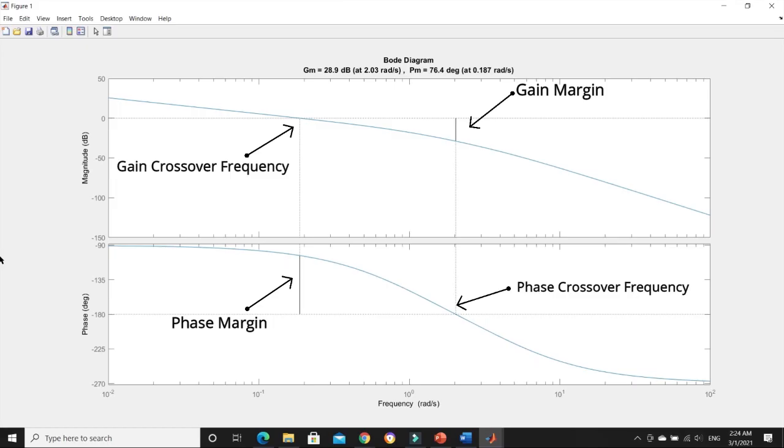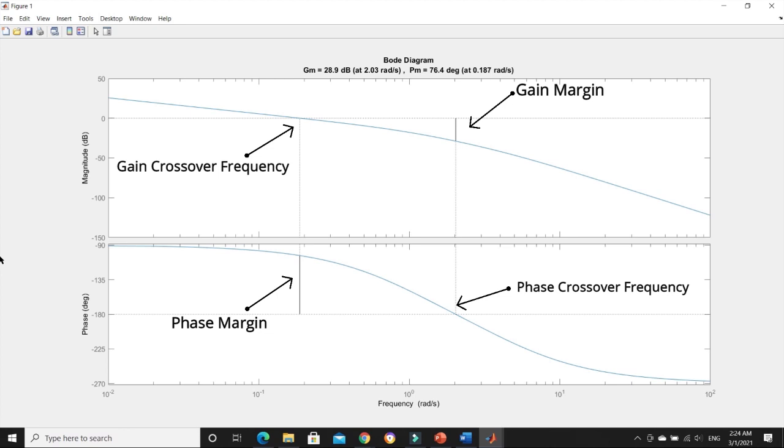Then we can observe the sketched Bode plot created in MATLAB. It can be clearly seen that if we compare our hand sketched Bode plot and the Bode plot in MATLAB, it has approximately the same shape of response for the transfer function. The gain margin as 28.9 dB and the phase margin as 76.4 degrees are both displayed in the title of the Bode plot.